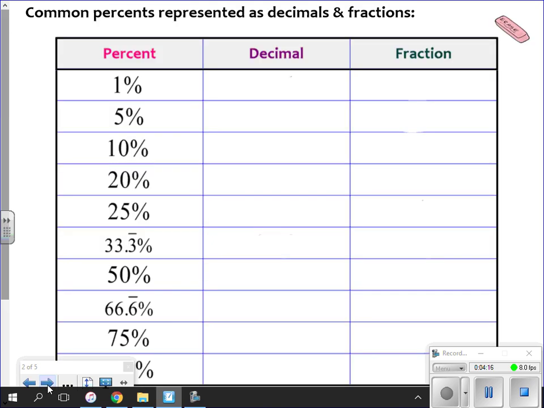Okay, so the second part we're dealing with, common percents converted to decimals and fractions. It's important to understand basic percentages and fractions and understand the relationship between them, how much a percent is related to a fraction. So, how do I convert percent to decimal? Does anybody remember?